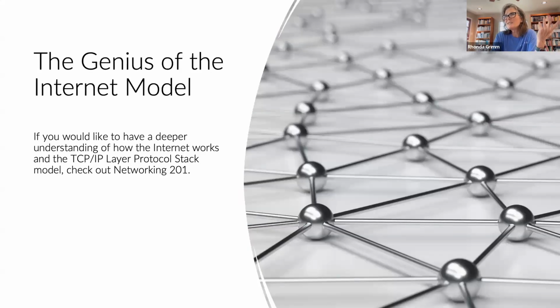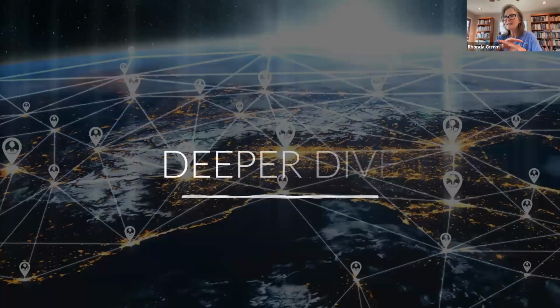So it's the genius of this whole internet model. We go into the whole TCP/IP layer stack in Networking 201, but it really is a pretty cool model, and you go into depth about how it all works. But that's basically how things move around the internet.